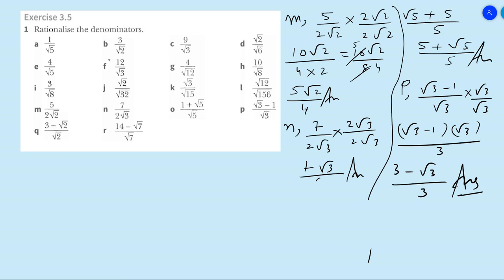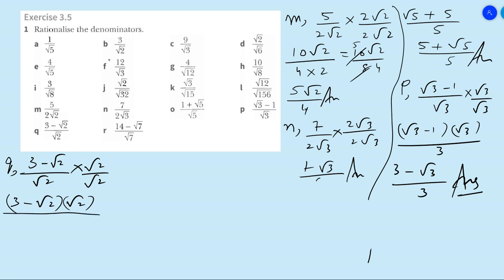Now come to part Q. Part Q is (3 minus root 2) upon root 2. Multiply and divide by root 2. (3 minus root 2) multiplied by root 2, upon root 2 into root 2, which is 2.